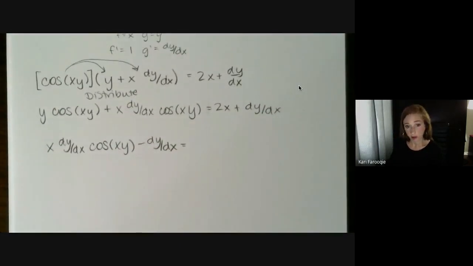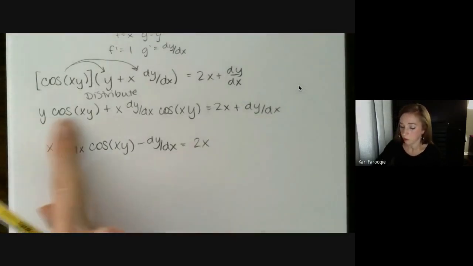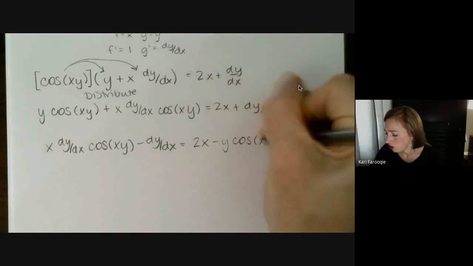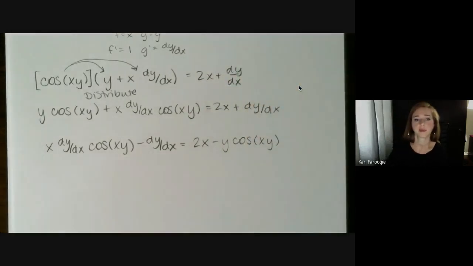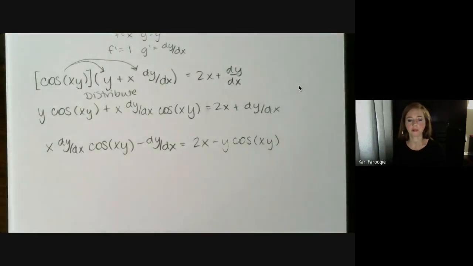And then everything else, this 2x is going to stay on the right. And then the y cos xy, I'm going to move to the other side, change the sign. You started out with 4 terms, you still have 4 terms. Double check their signs. Okay, questions here?